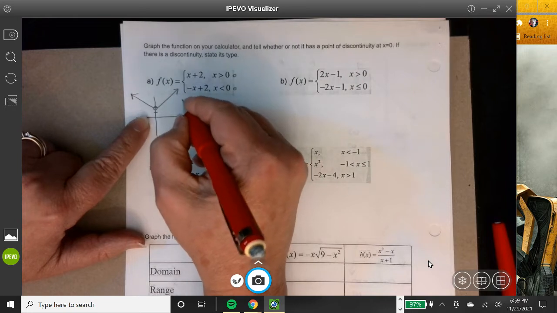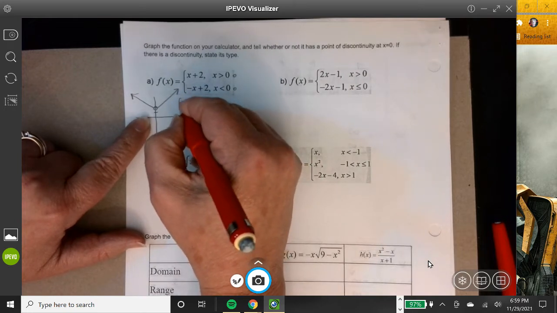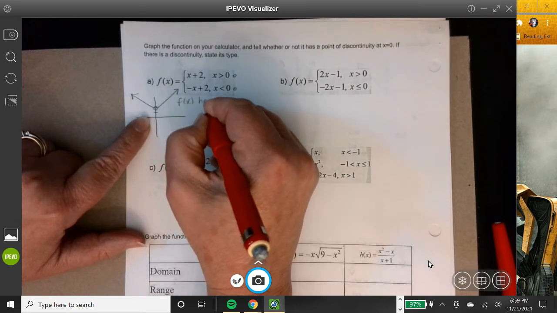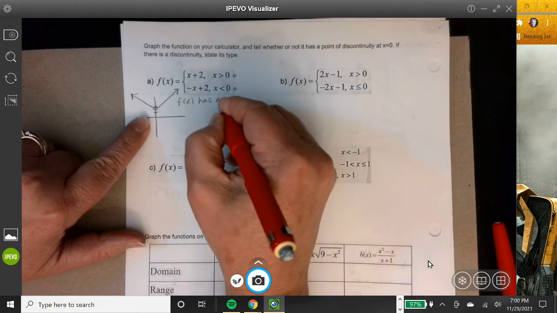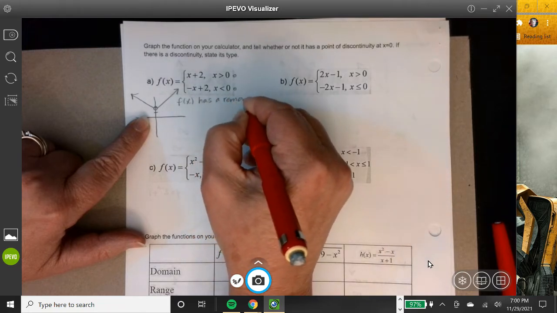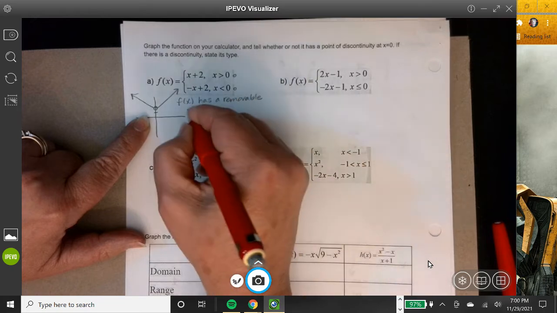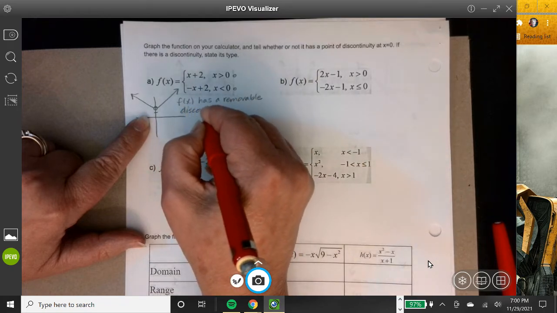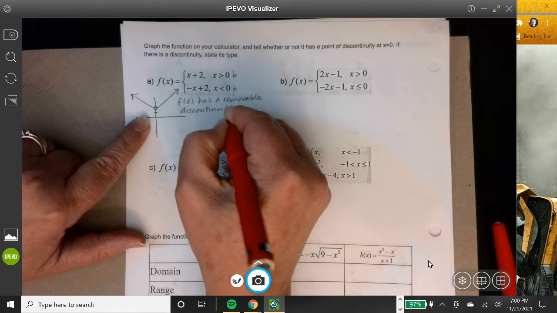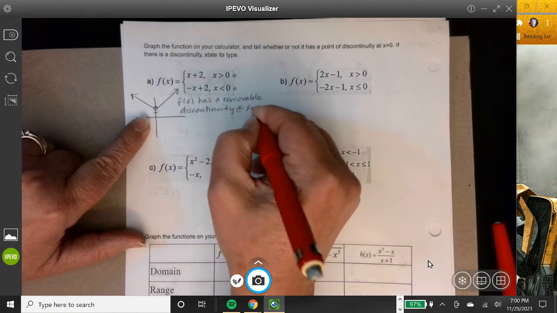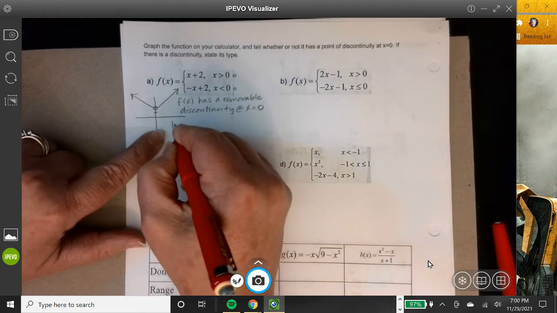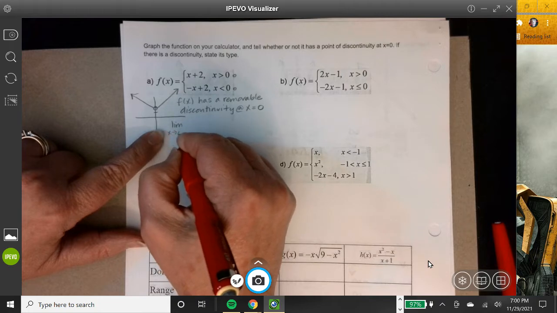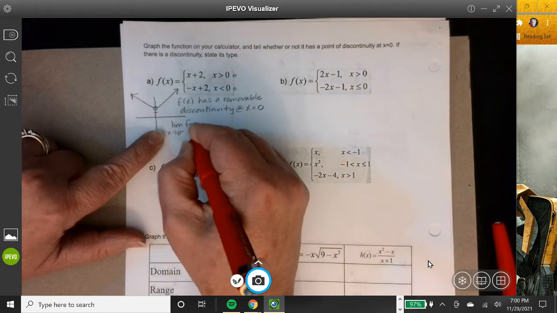Well, we would say that f of x has a removable discontinuity at x equals 0. Now, how would I write the limits for that? Well, that would be the limit as x approaches 0 from the left side of f of x.